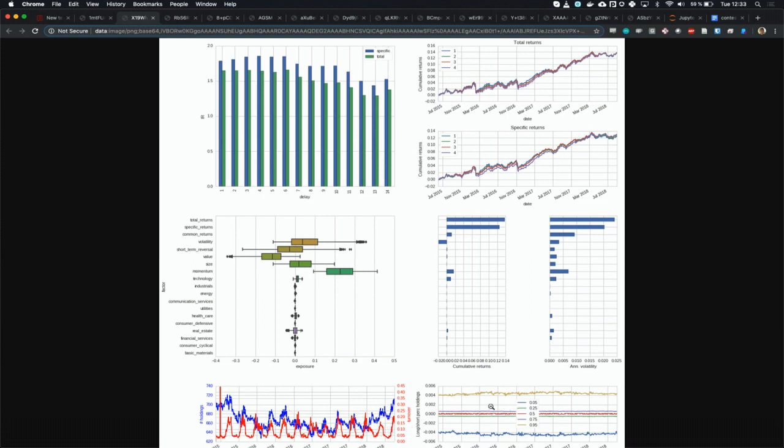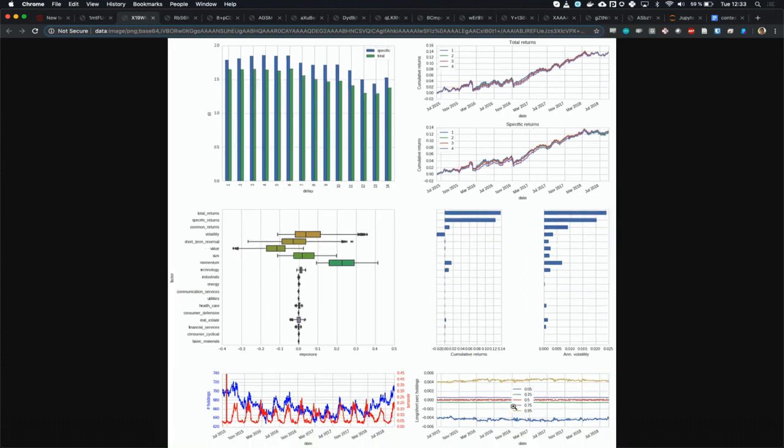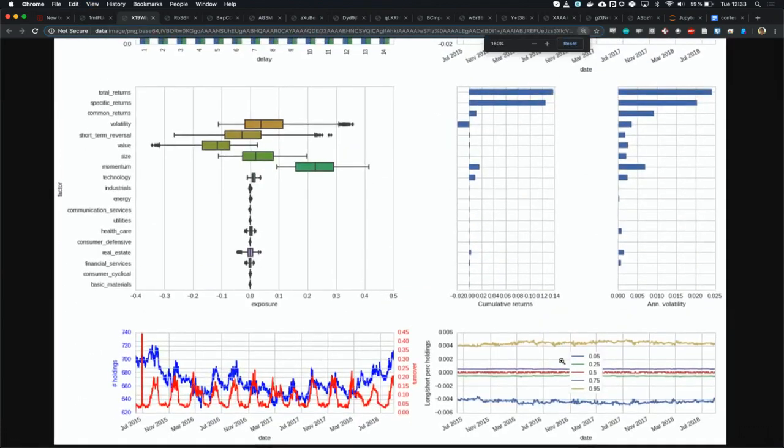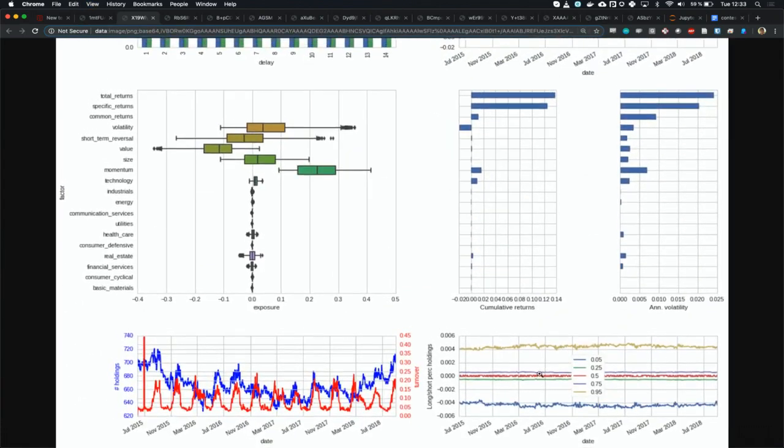Here again, we can see a little bit of a problem with the sensitivity of the holdings. So again, we have the 5th and the 95th percentile of the portfolio weights over time being very far away from the other ones. Actually, a better way to say it is that the 75th and the 25th percentile, in green and in purple, are very close to 0 and to the median holdings.